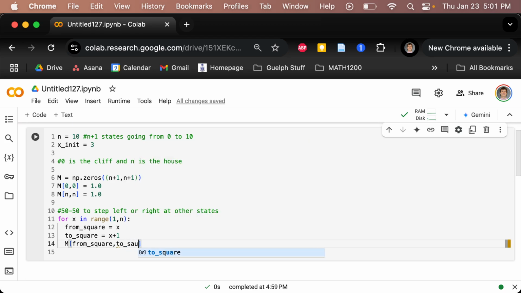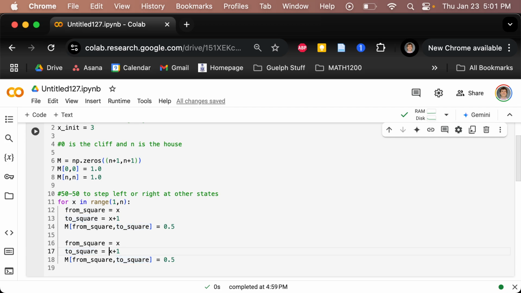That's kind of similar to our snakes and ladders situation. All right, very good. And we've got to do the opposite as well. So let's flip it one more time. The from square is x, and the to square is x minus 1, and then M of from square, to square is also 0.5.